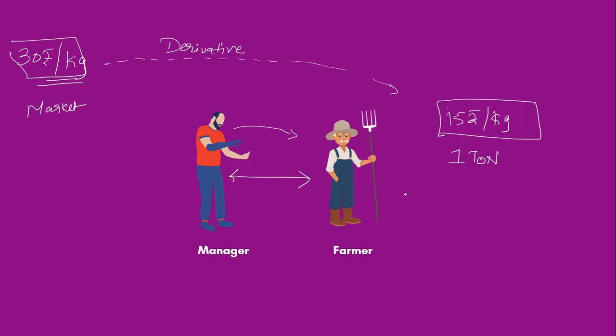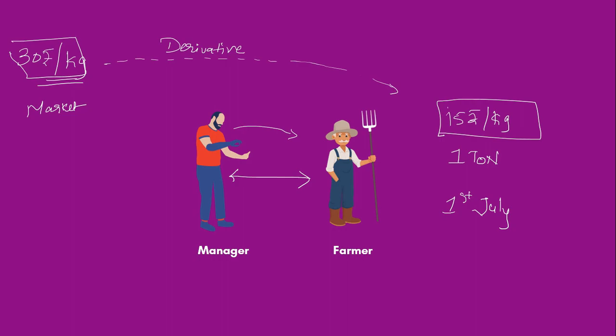Let us say they decide to meet on 1st of July. On 1st of July, the farmer is obliged to give 1 ton of potato, and the manager is obliged to give the farmer 15 rupees per kg into 1 ton, that is around 15,000 rupees.